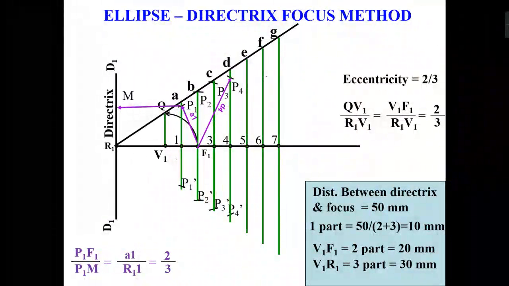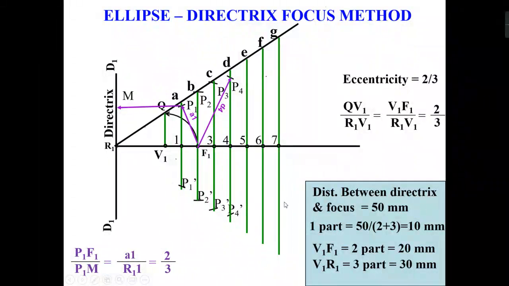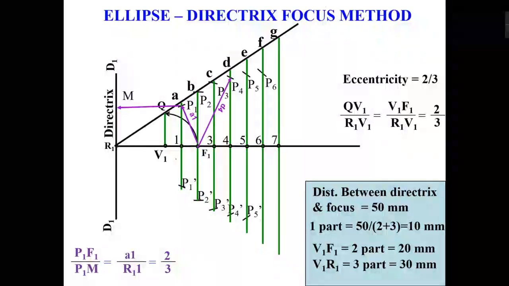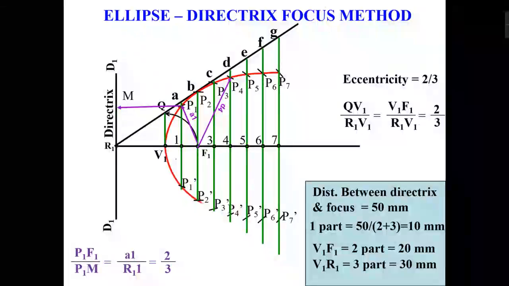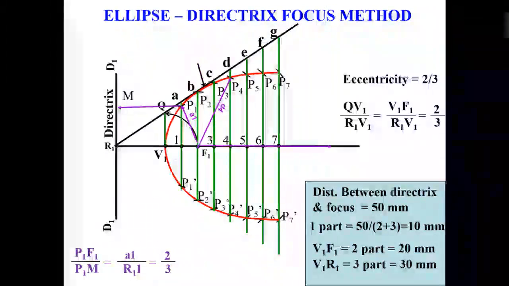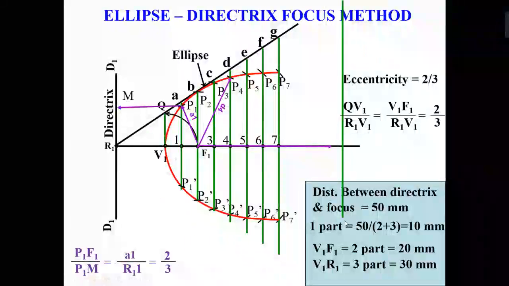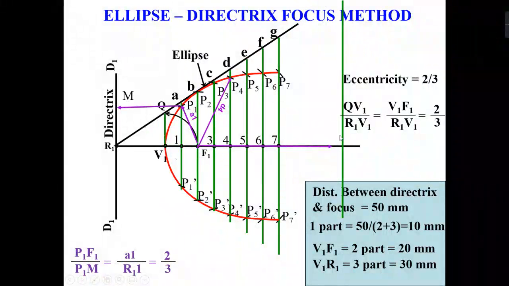In the similar way you can also mark the points below the axis. After that, suppose this is another line, and you mark the point, measure the length, put the rounder on F1 and mark the arc.